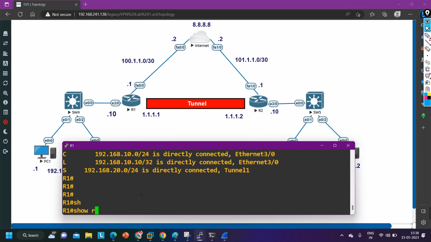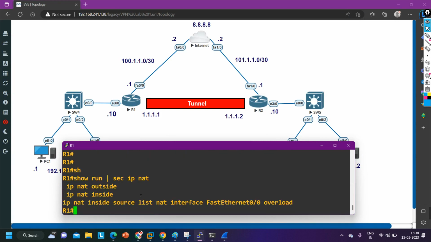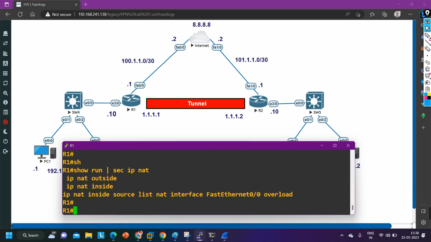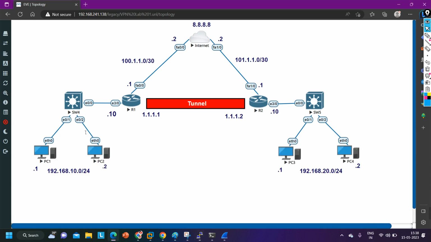So in this topology many protocols are running, that means you can take the NAT concept here also, and you can verify VPN also. The same topology I will make in my lab. So NAT is also configured. That's why PCs are able to ping 8.8.8.8 also, and both branches are also able to communicate with each other.